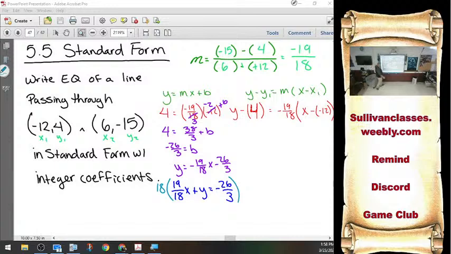If I multiply the whole honking thing by 18, I get 19x plus 18y is, 3 and 18 will cancel as 6, 6 times negative 26, negative 120, 36, negative 156. You have to check my mental mojo because 4 hours of sleep does not cut it these days.